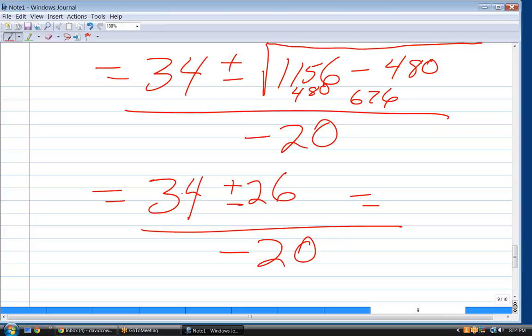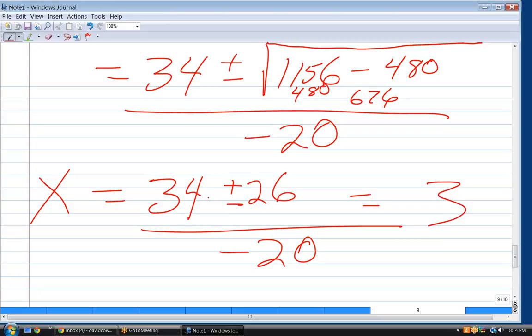Our answer is 34 plus or minus 26 over minus 20. Remember, this is what x is equal to. We started with a quadratic. We expect to find 2 solutions for x. Most of the time you find 2 solutions. Well, one solution would be 34 plus 26 divided by minus 20. Well, what's that? That's minus 3.